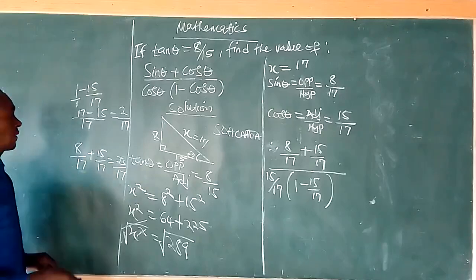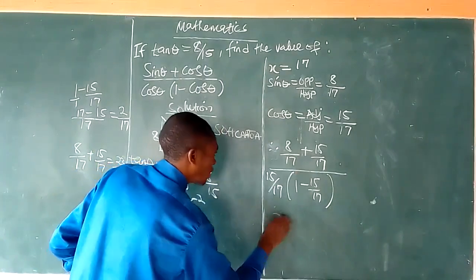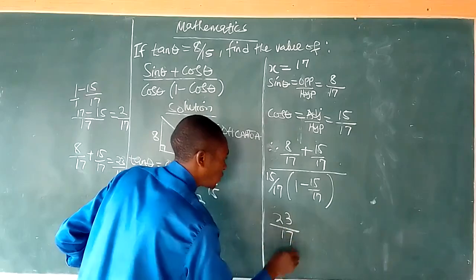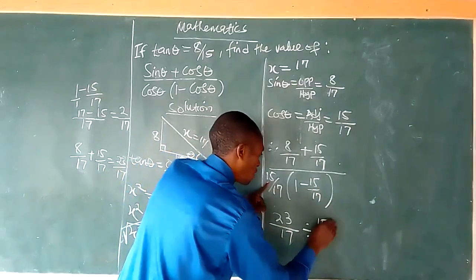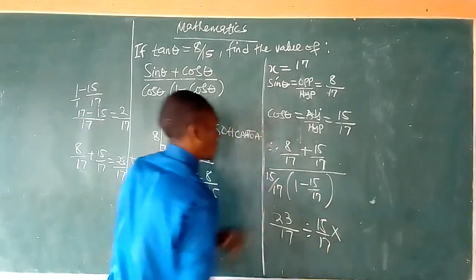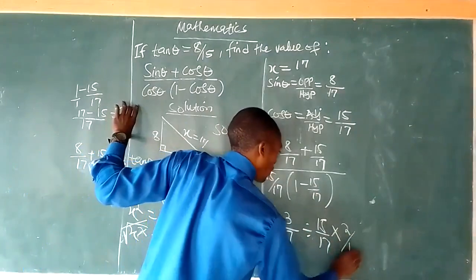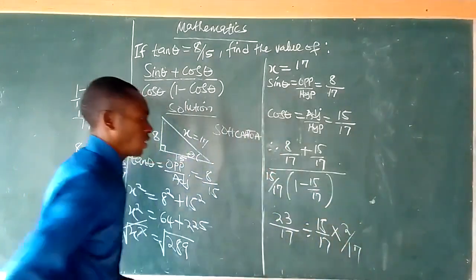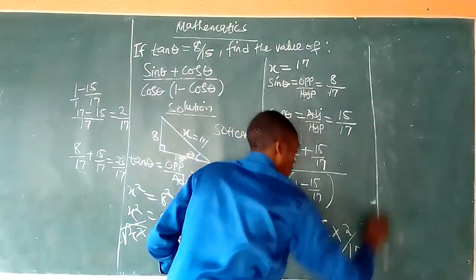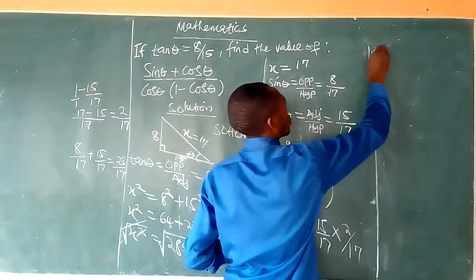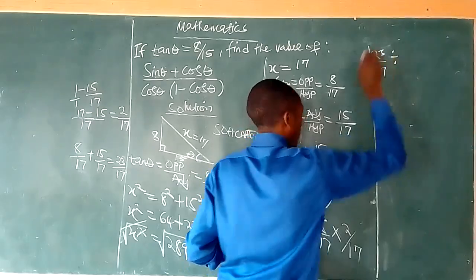So we have 23 over 17 divided by 15 over 17 times the bracket, which gave us 2 over 17.